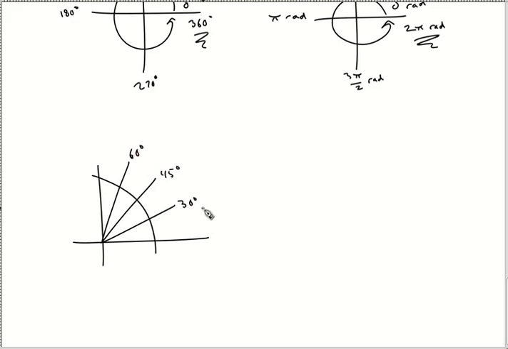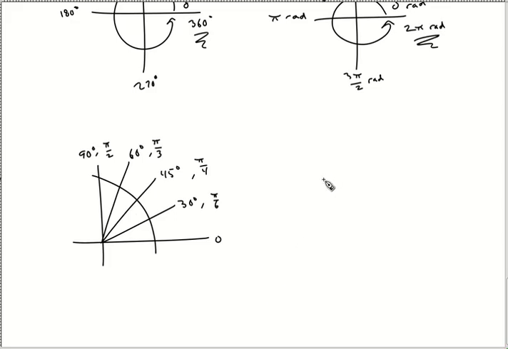The equivalents are pi over 6 radians, pi over 4 radians, and pi over 3 radians. Now, these are very common. They're important, and you should definitely memorize them at some point. This quadrant 1 business is part of the unit circle, and if you have this quadrant, then you can get all the other quadrants without any problem, okay? But that said, let's keep going.